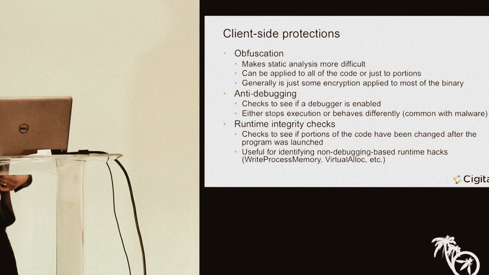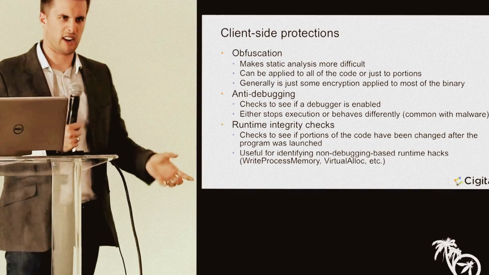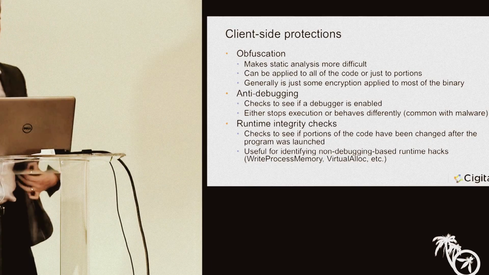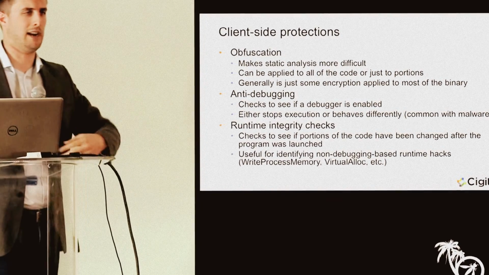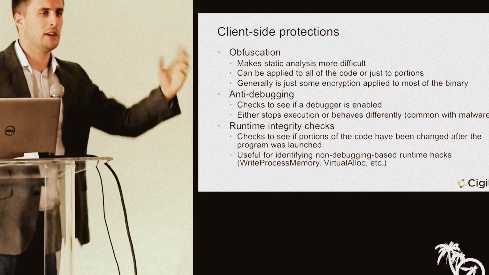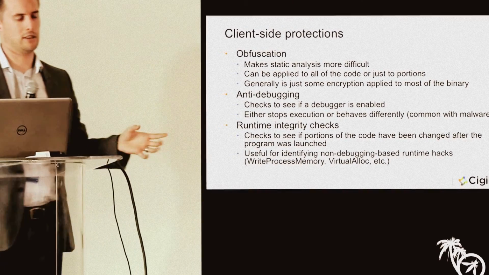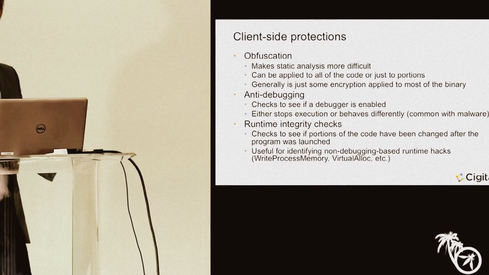And obfuscation can be applied to all parts of the game, or just portions of it that are critical. Sometimes there's some encryption applied to certain portions, but sometimes it's to the entire binary, and when the game loads, the binary is decrypted at runtime, so that makes analysis based off of an image that's stored on disk very difficult.